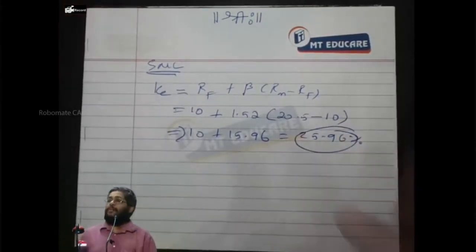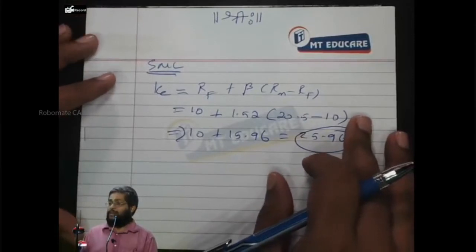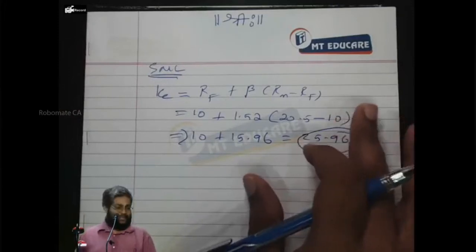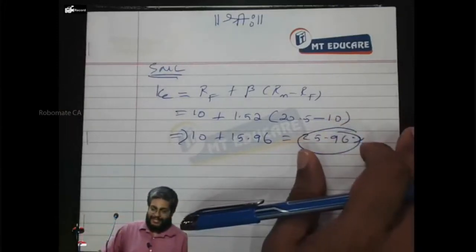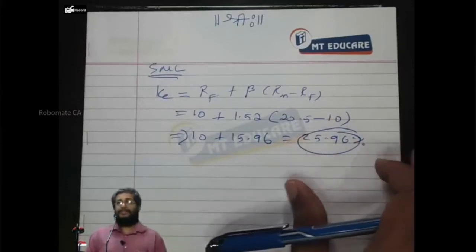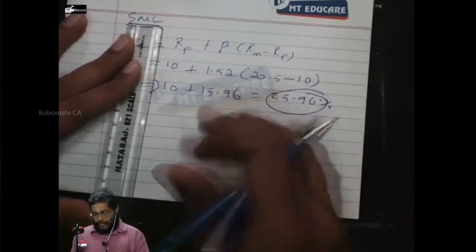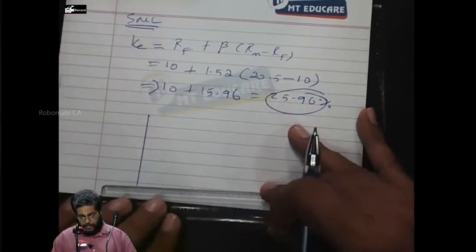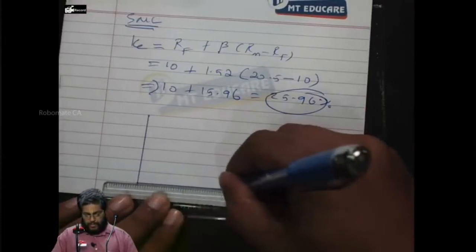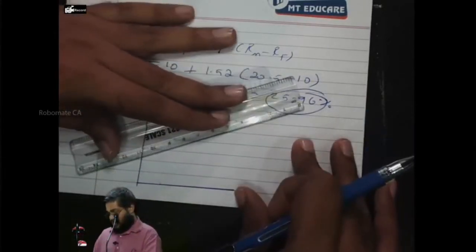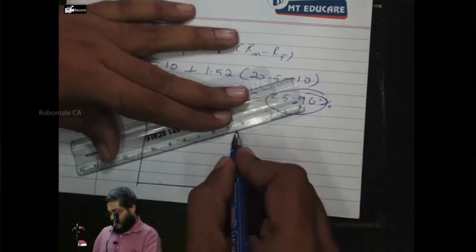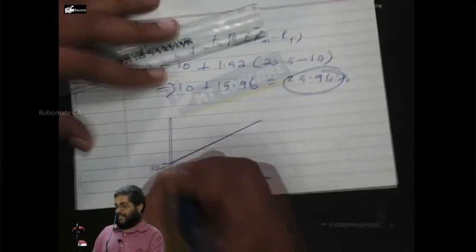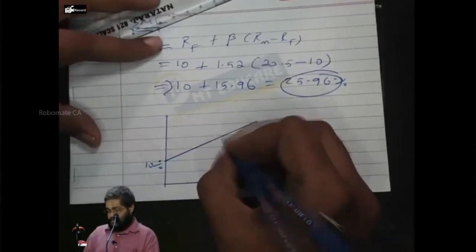First, let us understand properly what SML says. Anybody having the scale? What is the 10% risk-free return?